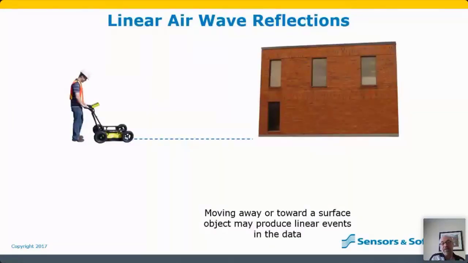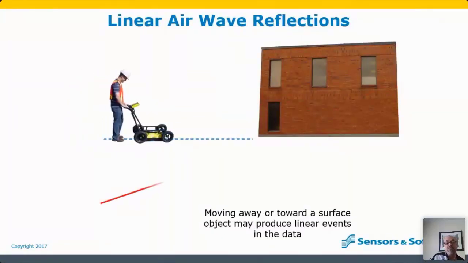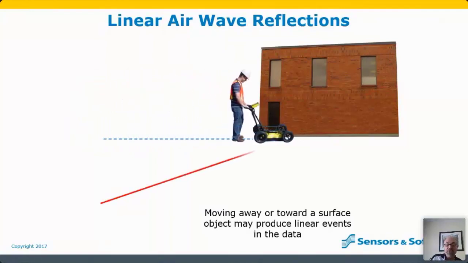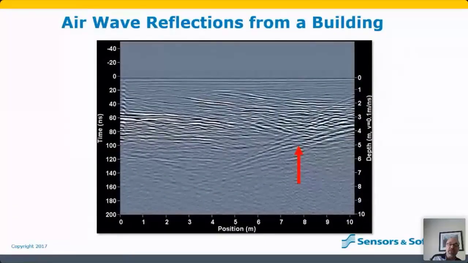And then also be careful of walking up to buildings, because energy can go out ahead of the GPR and bounce off the building, and you end up seeing things like this in your data. So it looks like, oh, I'm just coming up to an interesting hyperbolic response, and oh, I hit the side of the building, so maybe it's under the building. Very unlikely.